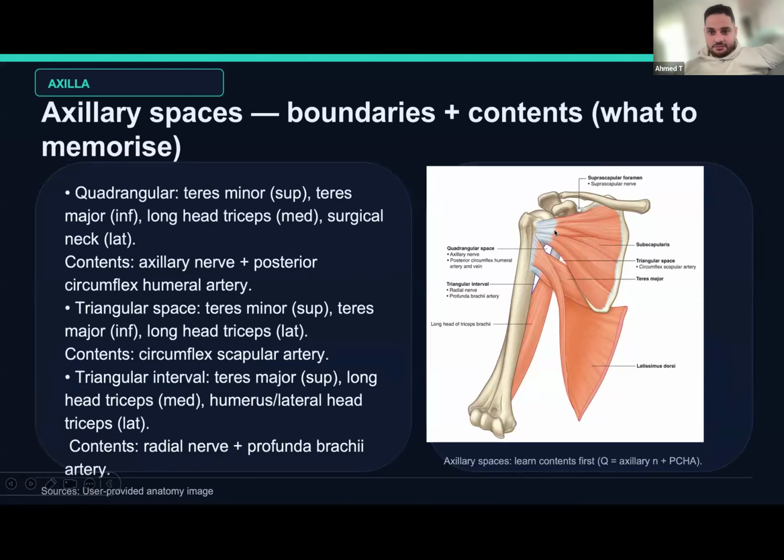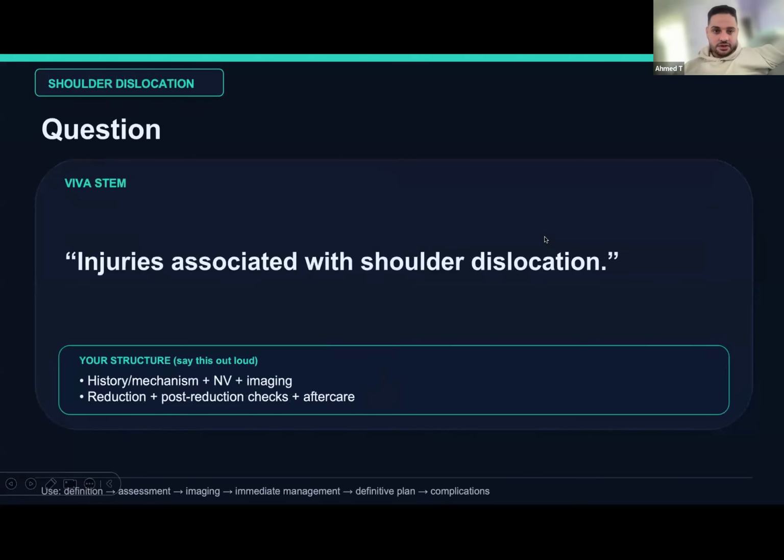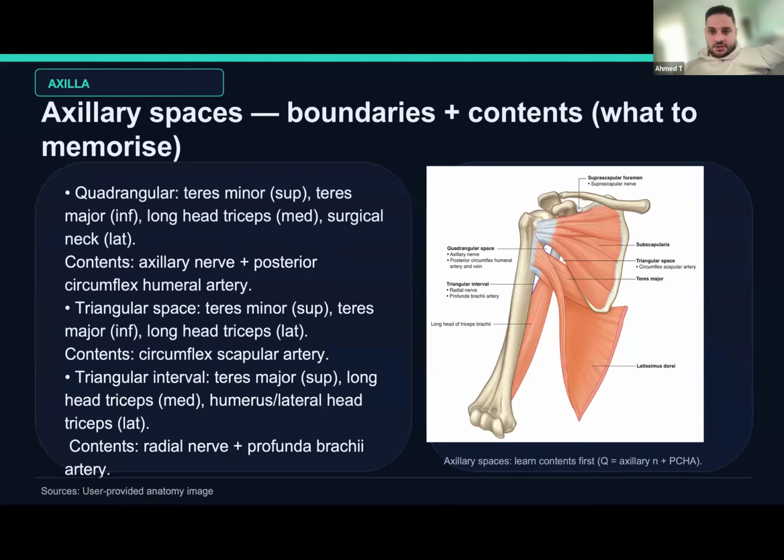So here's your teres minor and here's your teres major. Lateral is the surgical neck of the humerus and the long head of triceps. The triangular space has the circumflex scapular artery. This is your suprascapular nerve and suprascapular fossa.